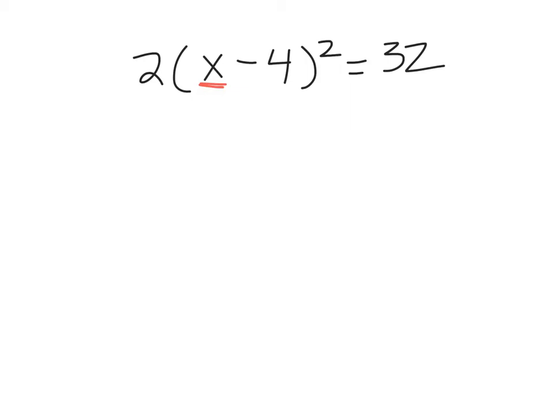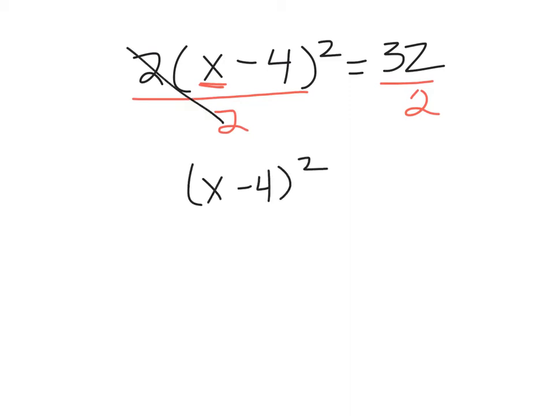The thing that's furthest away from x right now is the 2 that's multiplying the parentheses. Since it's multiplication, to get rid of it, we're going to divide. So we're starting off by dividing by 2, which gives us (x minus 4) squared, because dividing by 2 gets rid of the 2. And 32 divided by 2 is 16.